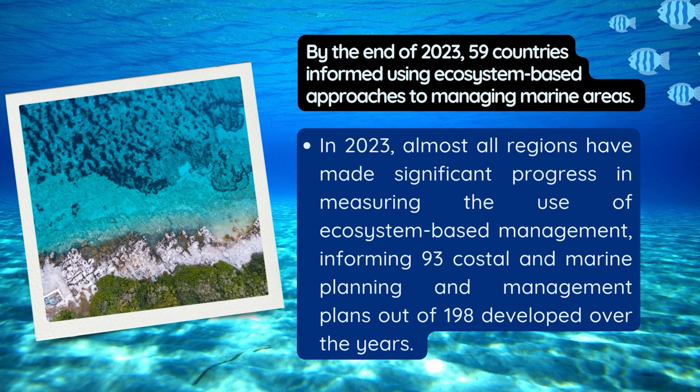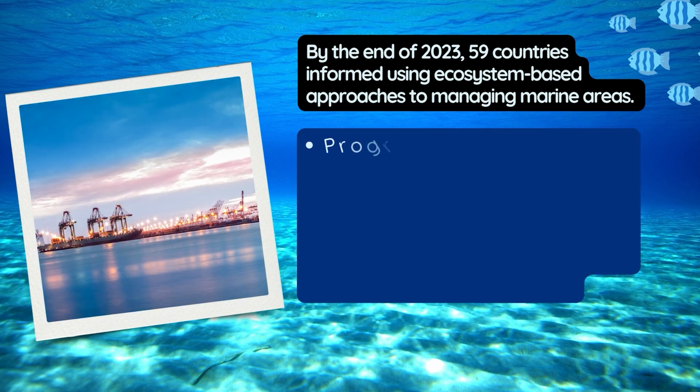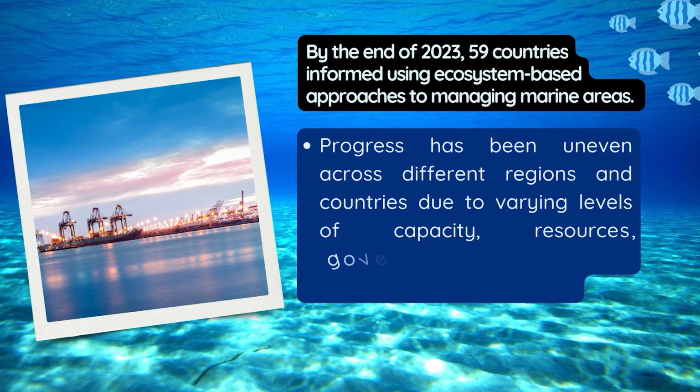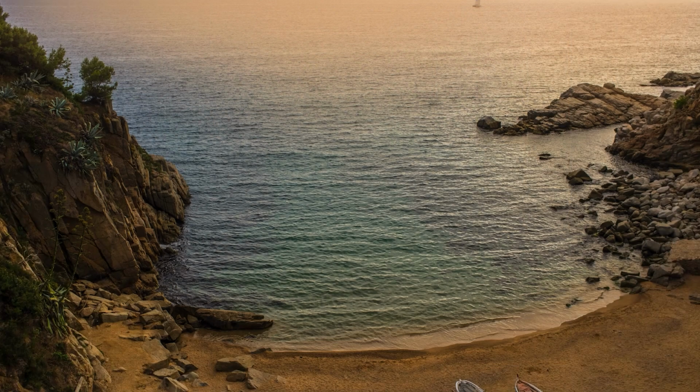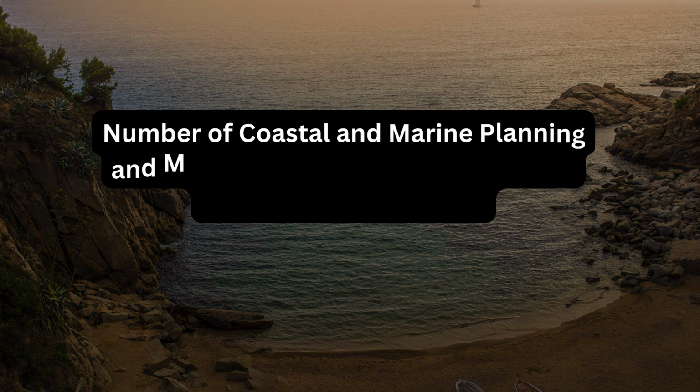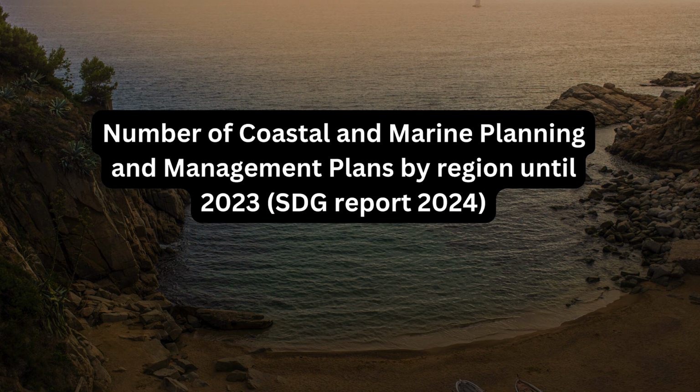So if you look at it from that point of view, we are progressing well, though it is uneven across the world. You will see here the number of coastal and marine planning management plans by region, and from 2023 over the years how we are increasing.